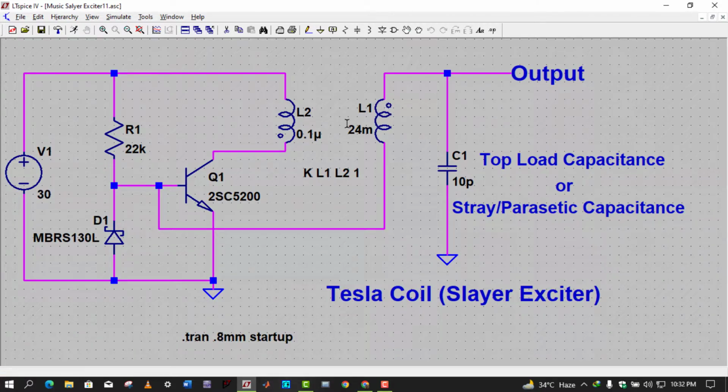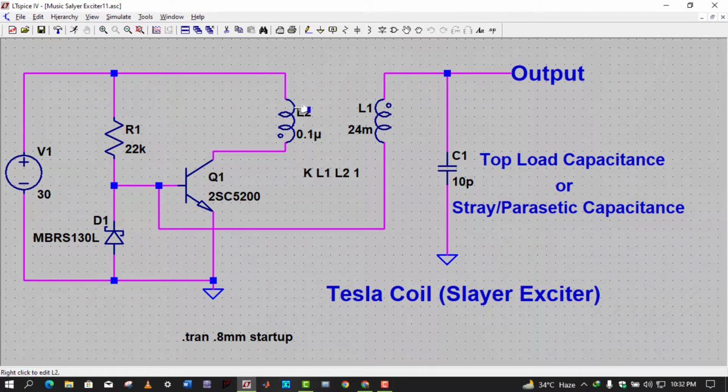Okay, so when the current flows here, a magnetic field will be generated. That magnetic field will be linked to the secondary coil, and let's suppose that this point is positive. Then according to the dot rule or dot convention of coupled inductors, this point will be positive, which means this point will be negative.